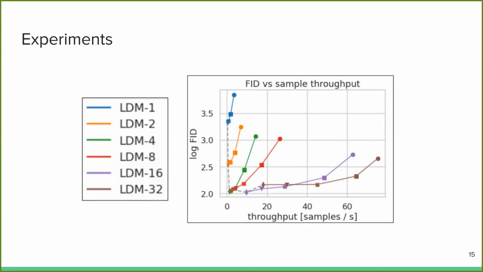And you can see here how LDMs 4 and 8 were able to maintain a relatively low FID score while steadily increasing the sampling throughput. So this is more of a healthy projection compared to the rest of them. So which means that LDMs 4 and 8 will be used throughout the next 4 experiments to maximize the results.